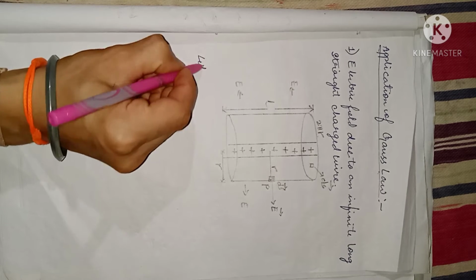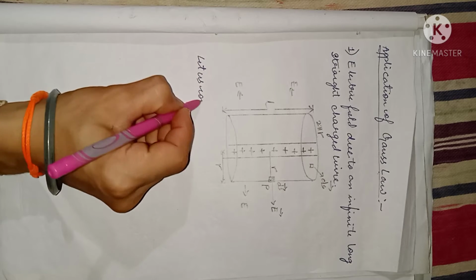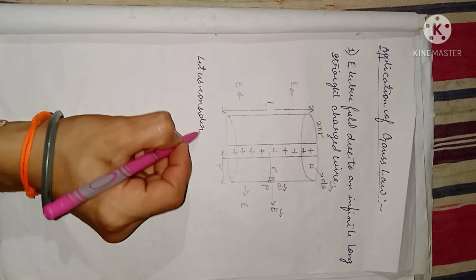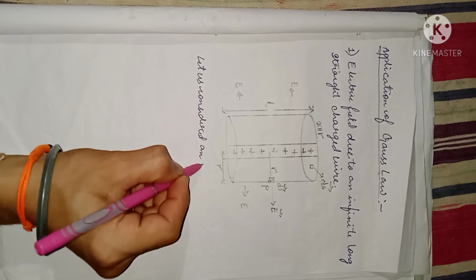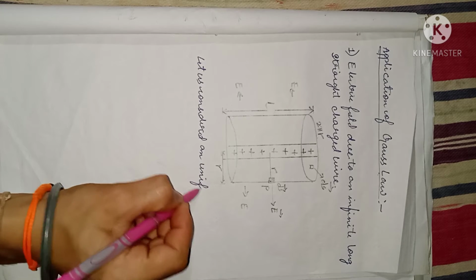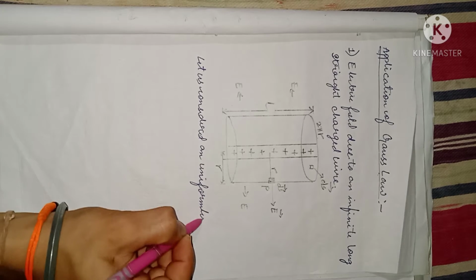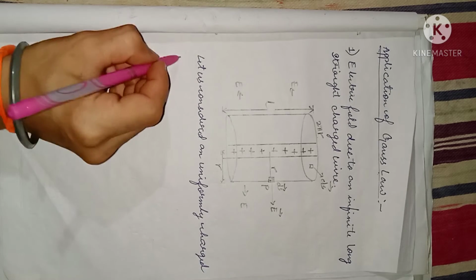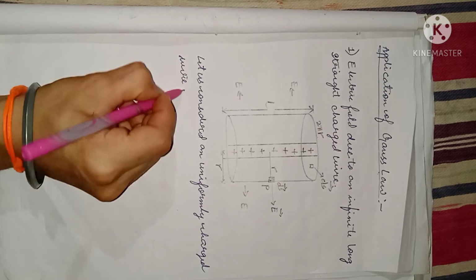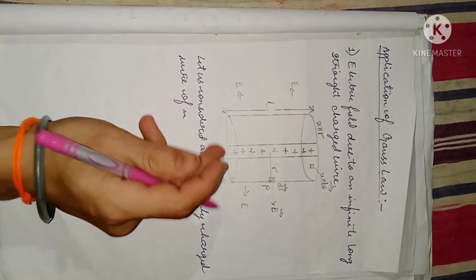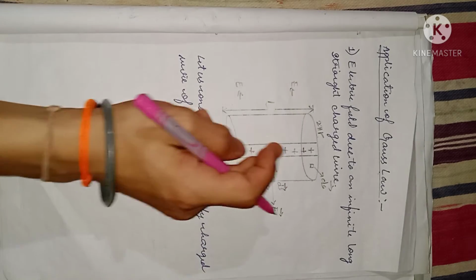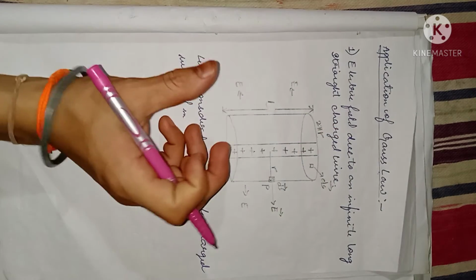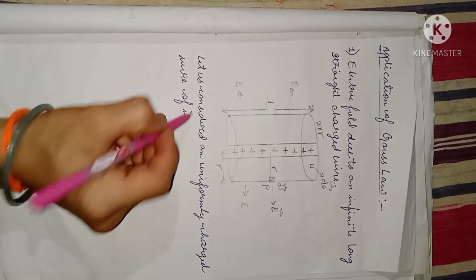So let us consider a uniformly charged wire of infinite length. That means the length of this wire is infinite, it is unstoppable.